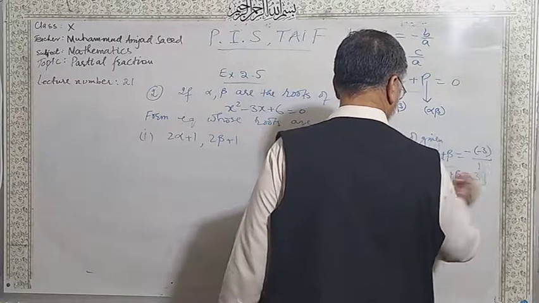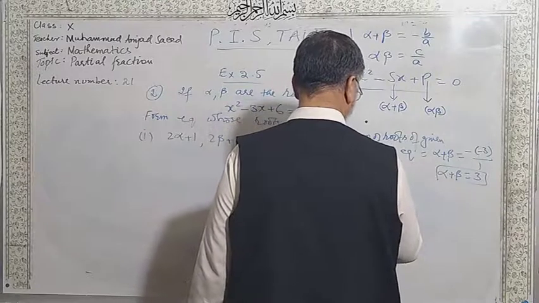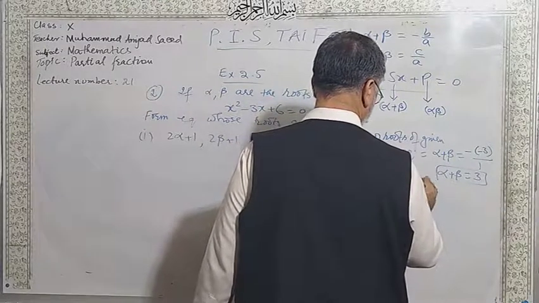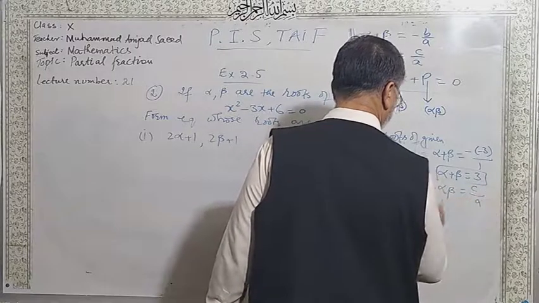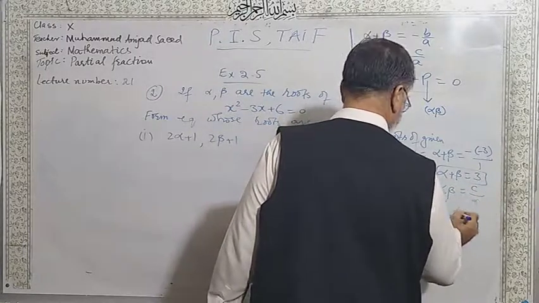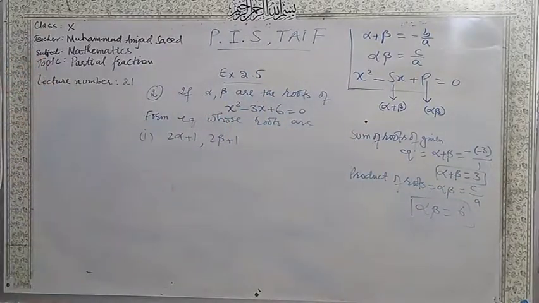Alpha plus beta is equal to 3. And product of roots is equal to alpha beta, that is c over a. Alpha beta is equal to 6 over 1, that is 6.